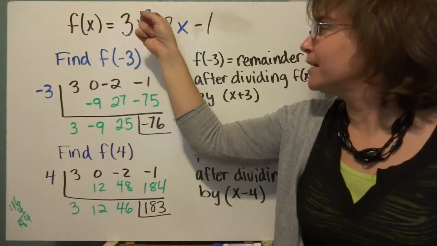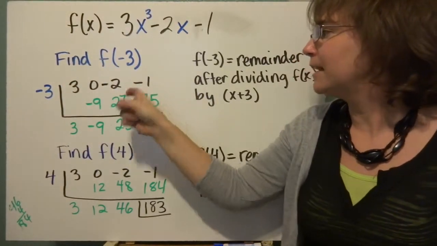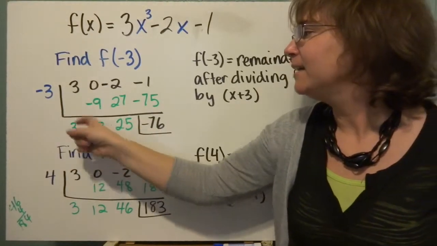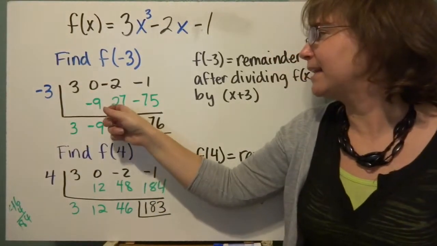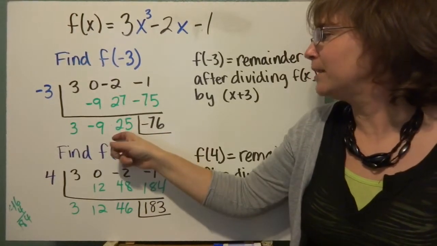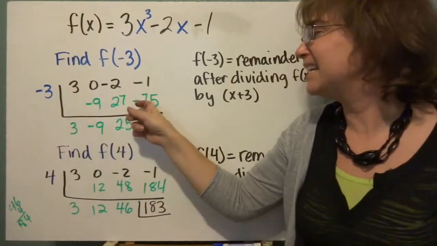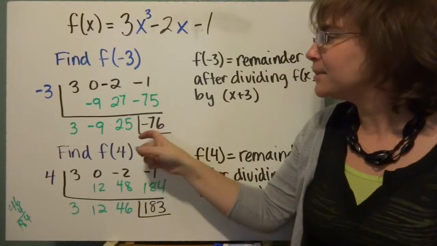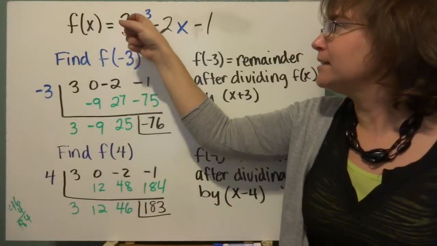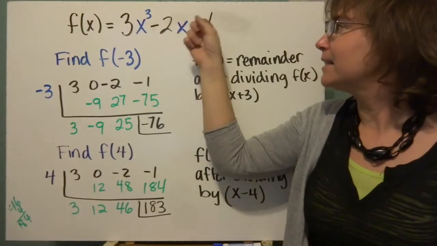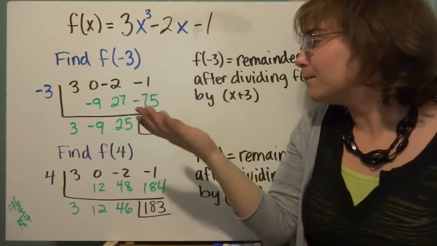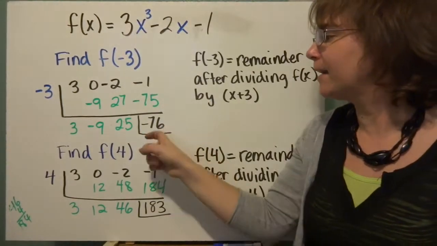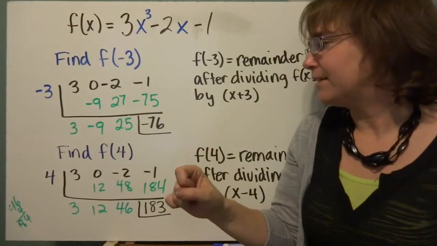I have a placeholder for x squared, negative 2, negative 1. Bring down the 3, negative 9, add, multiply, 27, add, 25, times negative 3 is negative 75, and look, negative 76. Now that was a lot easier than doing 27 times 3 minus 6 minus 1. And it can be even more so, but I know negative 76. If I were to plug a negative 3 in there, I would get out a negative 76.